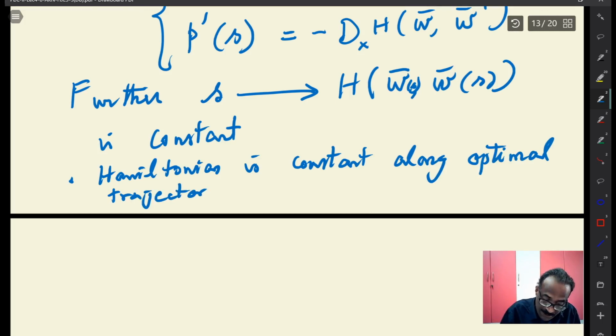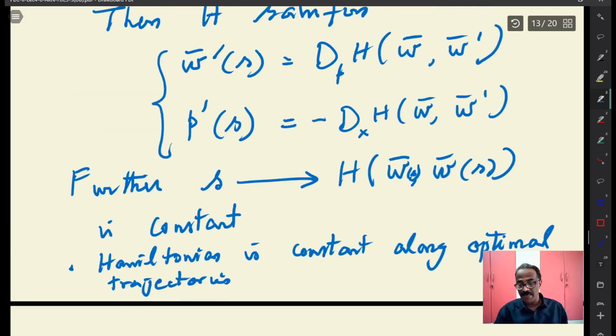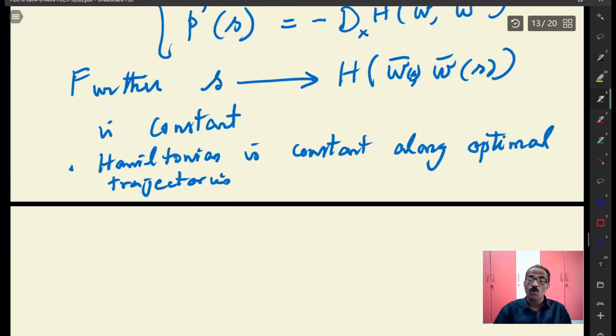And if you recall in the introduction, when I introduced the Hamilton-Jacobi equations and the corresponding characteristic curves, these are kind of characteristic curves. Right now you don't have the Hamilton-Jacobi equation, we only introduced the Hamiltonian, but if you recall the end of it, if you have the Hamilton-Jacobi equation, the corresponding characteristic equation is nothing but your Hamilton ODE.